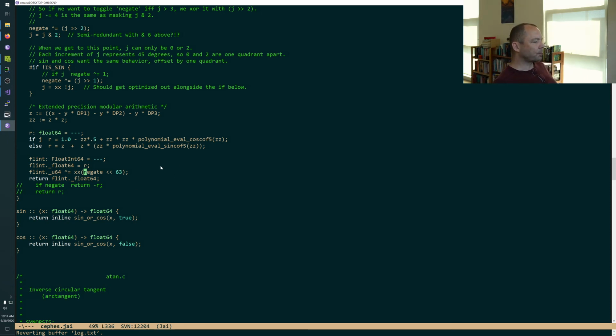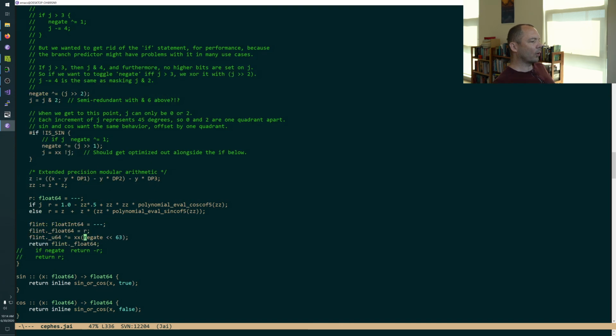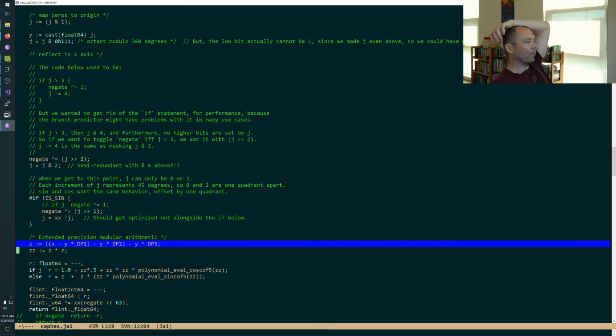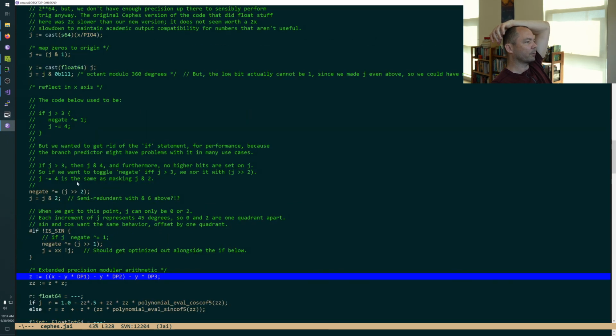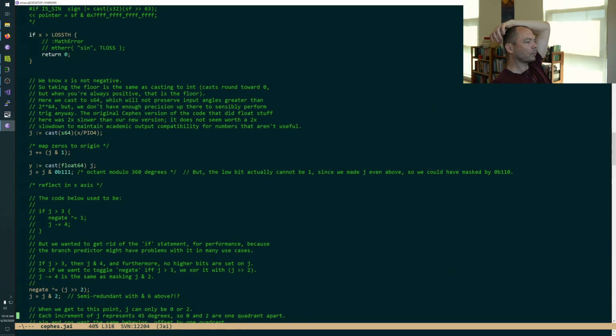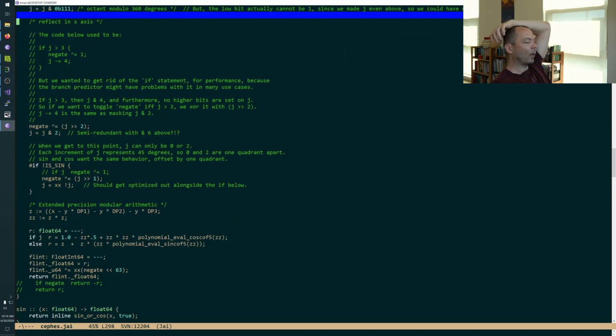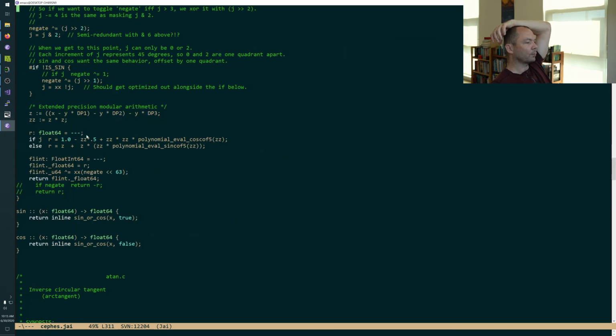So here's what I think with regard to working on this in the future. This is fishy to me, right? The only reason y has to be big is because x is big, right? If y didn't have to be big, we could actually do it after the mask, right? The reason y has to be big is this.